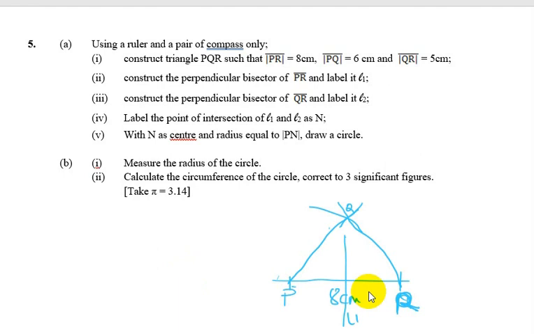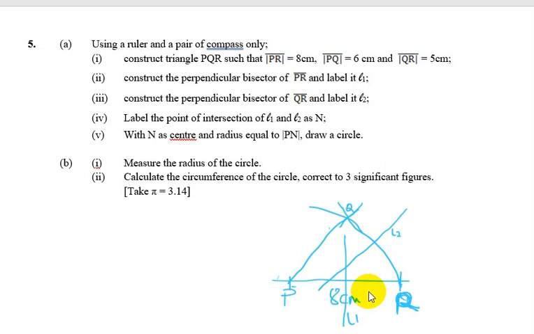And they say we should construct another bisector of QR. This is R and this is Q. So you bisect another one like this, then call it L2. I hope you know how to bisect. You stand here, open more than half, you construct, come and stand here, you cut, then you join. It's so simple like that.